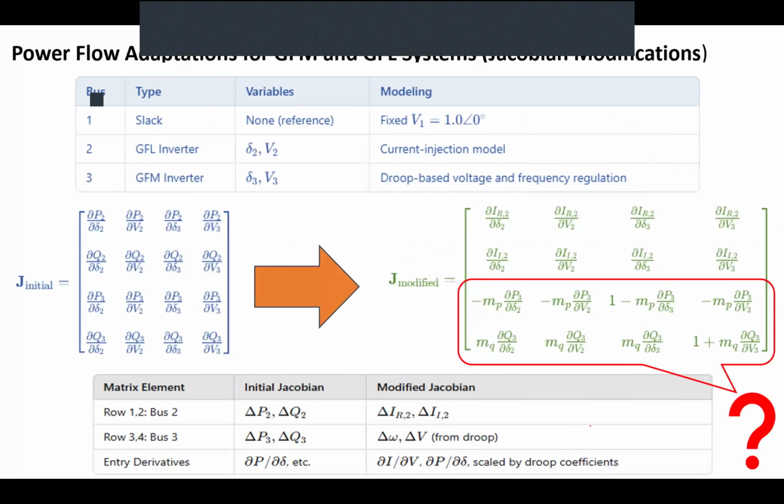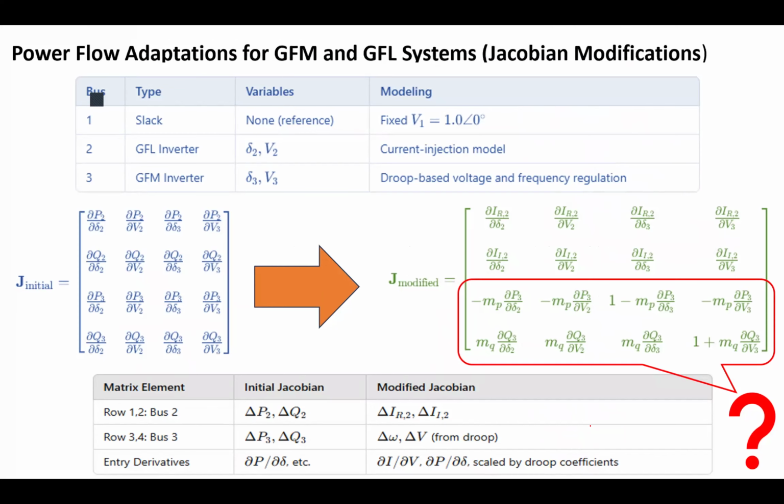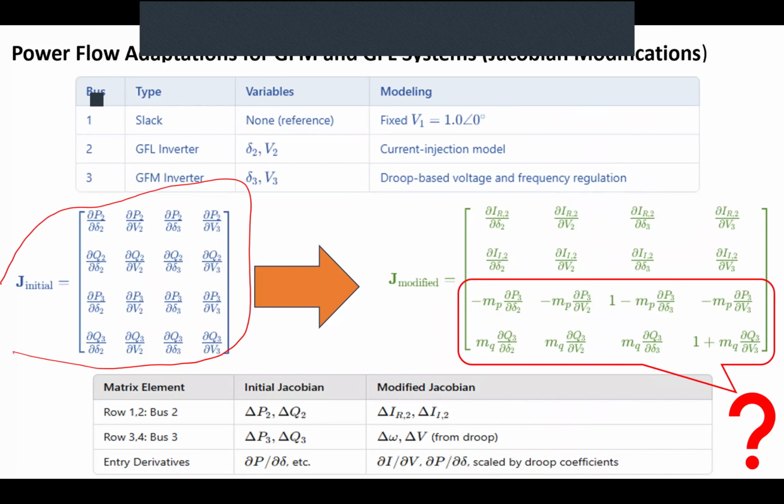Let's see how it works. Let's say we have a three bus system. One of them is a slack. The second bus is connected to a GFL, the grid following, and the third bus is connected to a grid forming unit. Now let's see how the Jacobian works. The blue one is the general Jacobian. If you have these three system buses and wanted to follow the general power flow equations, that would be your Jacobian.